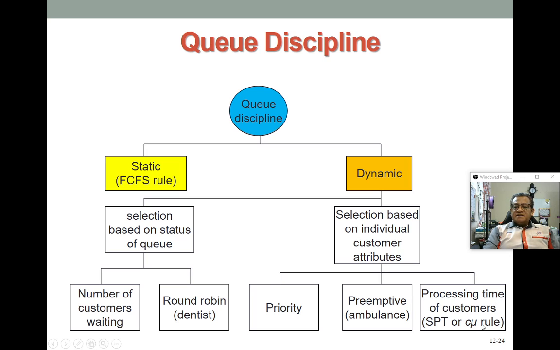Or based on processing time of customer, right? So based on a certain kind of formula rule, right? Constant multiplied by mu rule. Perhaps there is some sort of formula of timing so that they can get served. Okay, that is the explanation for queue discipline, a few approaches, static and dynamic, right?